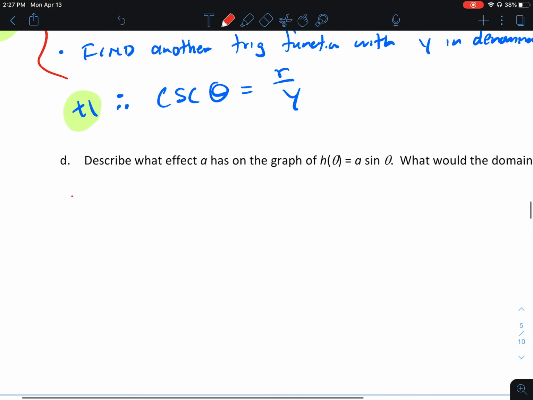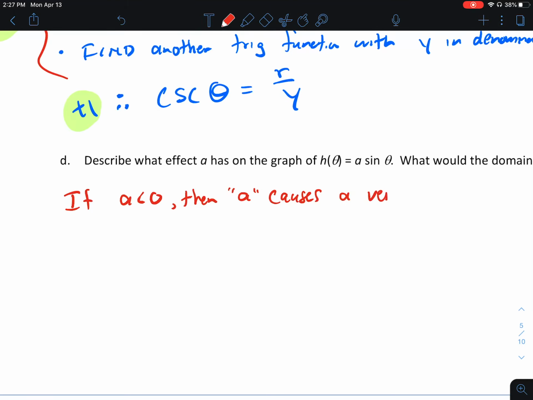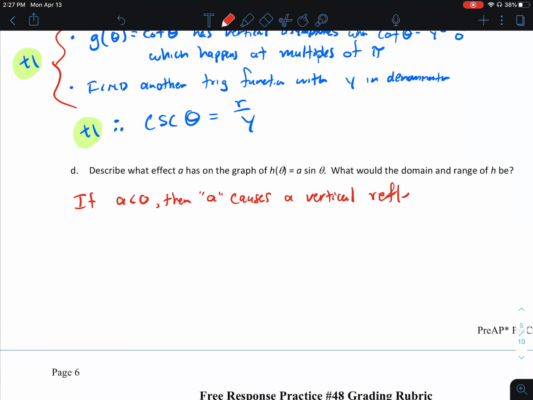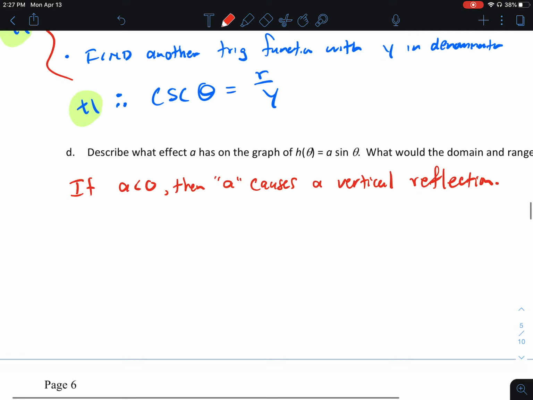Well, there's two things. If a is less than 0, then a causes a vertical reflection. And the other thing that a can do, as long as a isn't 1, so let's say that.